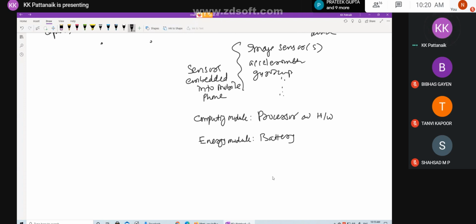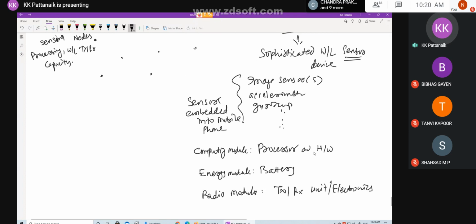Then you have the radio module, which is the transmission and receiving unit or electronics. So a sensor node will have broadly these four components.